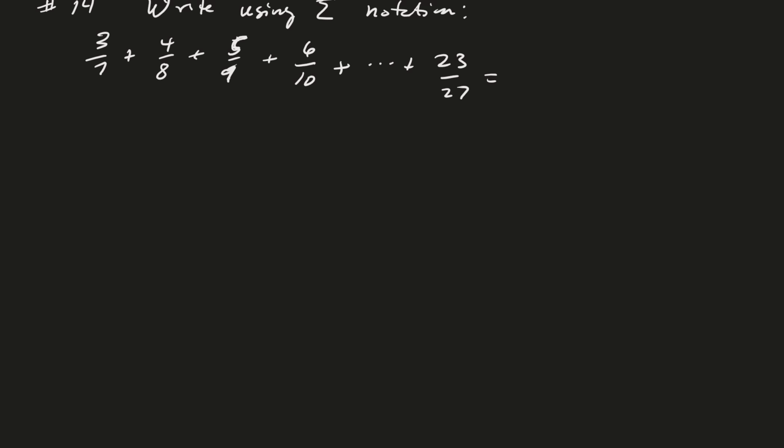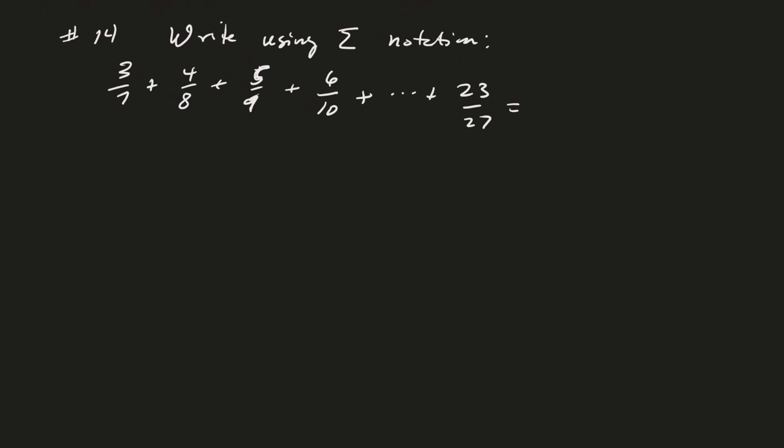Okay, this is problem 14 in the book. We want to write this expression using sigma notation. And in fact, let's see, I think I want to force you to do something. I want to force you to use sigma with i equals 0 as the first index.